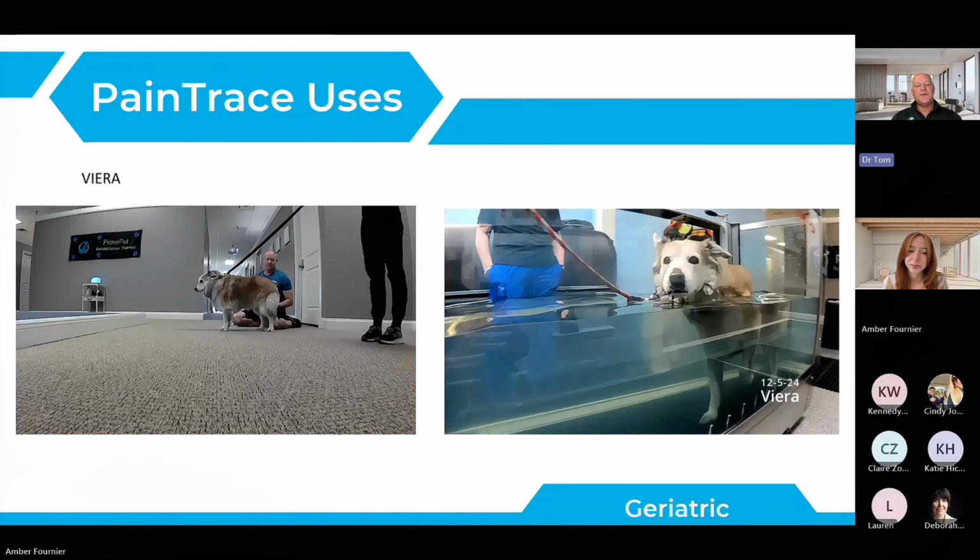Absolutely. The other thing I just mentioned was my technicians being able to do this. The PainTrace is not going to hurt the animal, and it's relatively easy to do. You can teach them to do a basic orthopedic exam or walk them around. It's wearable, so they actually can wear it around, and we can have them go over steps or do whatever to mimic things that they experience at home. And it's real time.